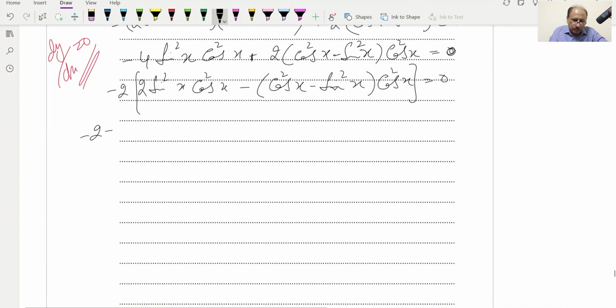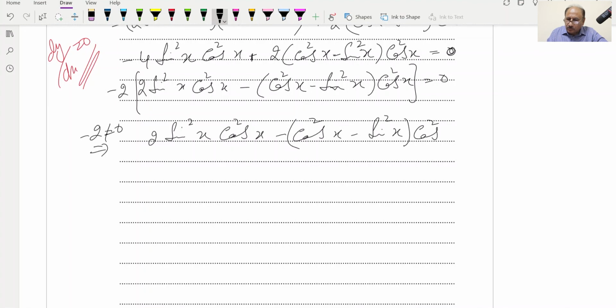So minus 2 is not equal to 0. This implies 2 sine square x cos square x minus cos square x minus sine square x in brackets, and cos square x is equal to 0.